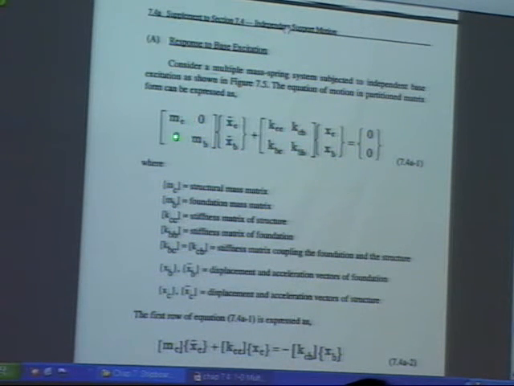Then this is a partition matrix, okay? Partition. This is a partition. So you can first open the first row. If I open the first row, MC times XC double dot, this is 0, plus KCC times XC plus KCB times XB equal to 0.